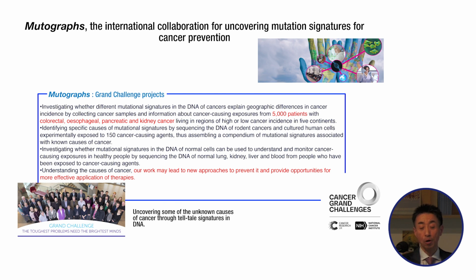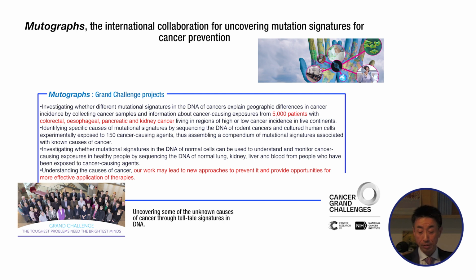So that's why we also started an international collaboration to uncover mutation signatures around the world. This is called the Mutographs project, led by the Sanger Center in the UK and also IARC, WHO teams.